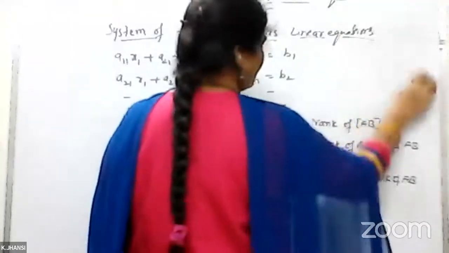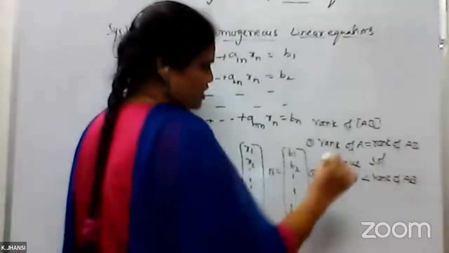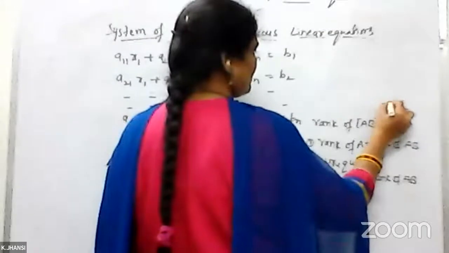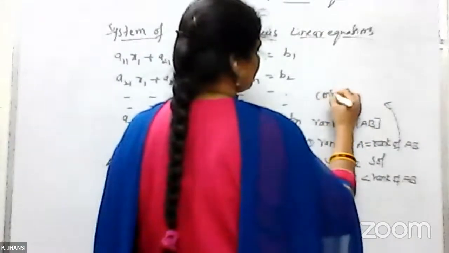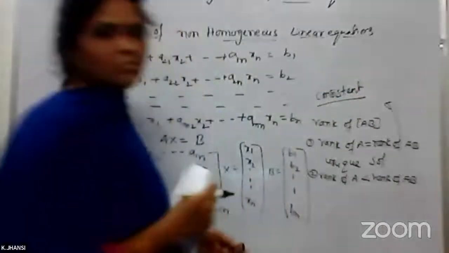If rank of A is equal to rank of AB, you have one unique solution, and this is called a consistent solution. You will see this in problems.